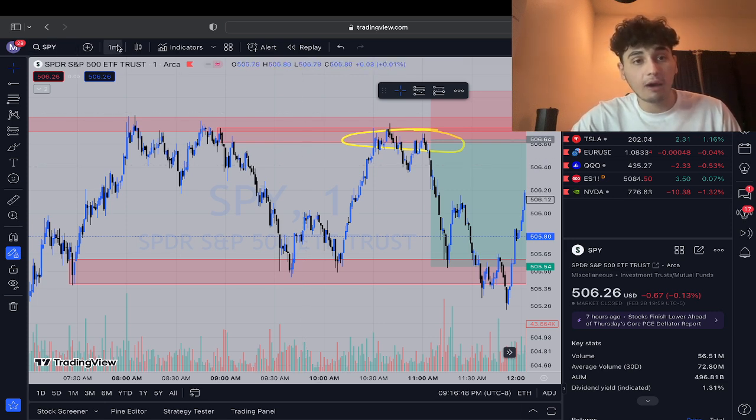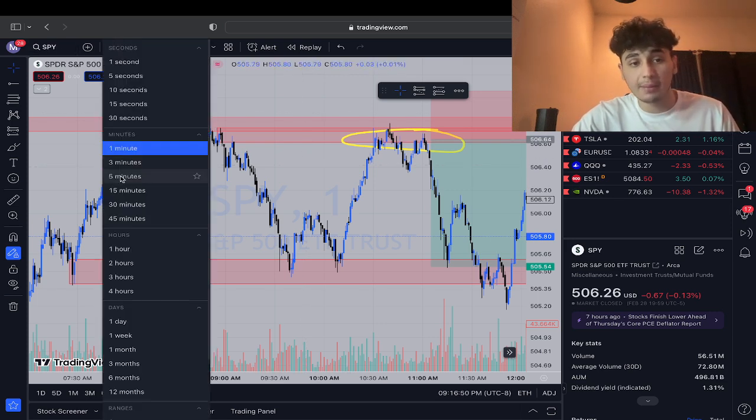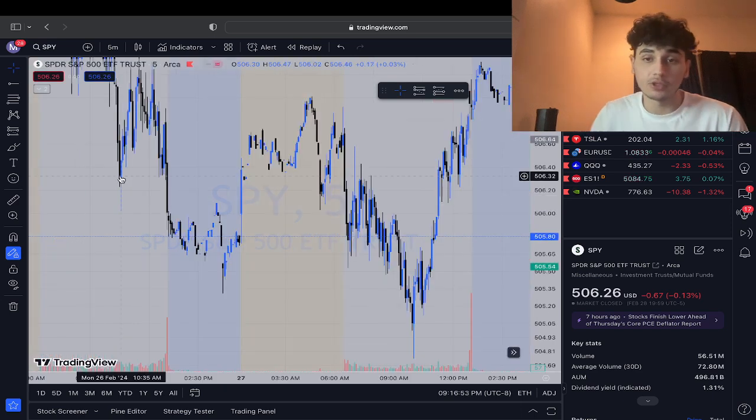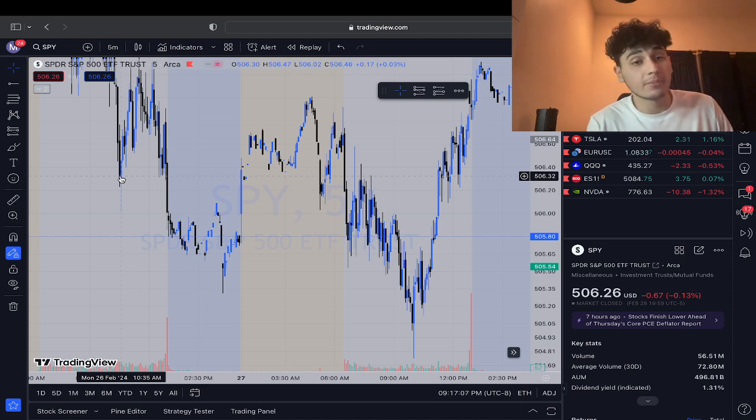So drawing these zones out on the 5 minute, and drawing them out with the wicks rather than with the candles, is going to be a huge game changer for sure. Now, I'm not saying to completely shift your style of how you chart out zones, but I'm saying to definitely implement drawing out zones on the 5 minute with this type of style, and then switching to trade and read price action on the 1 minute, because it will be a huge game changer for you guys.